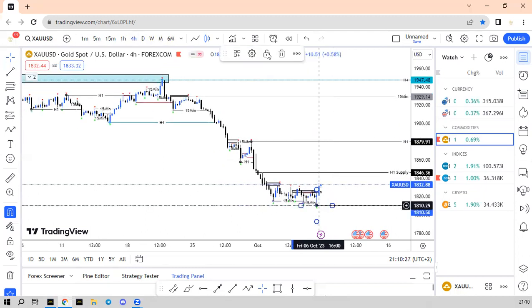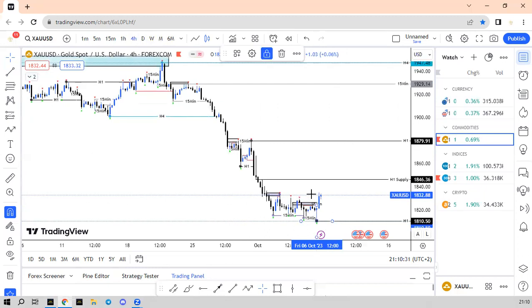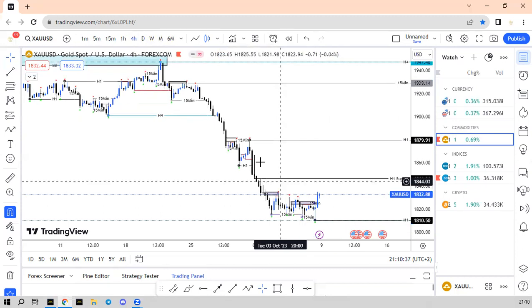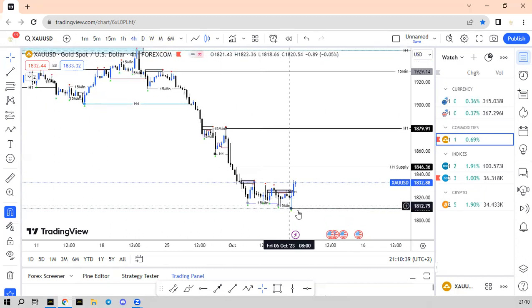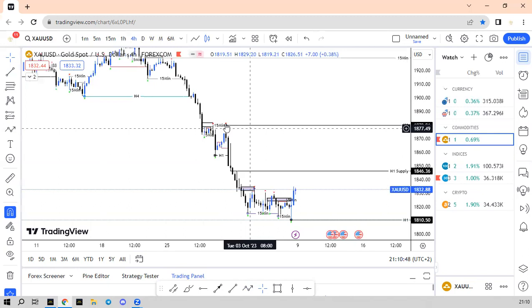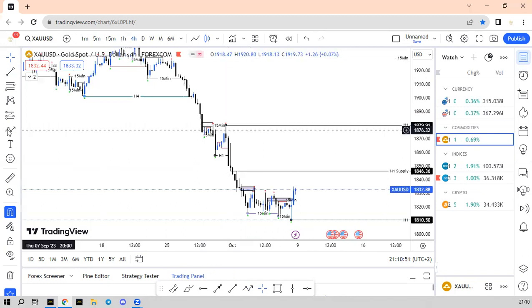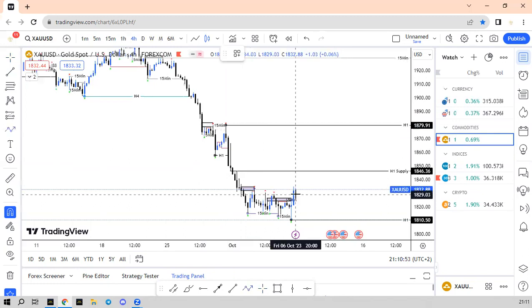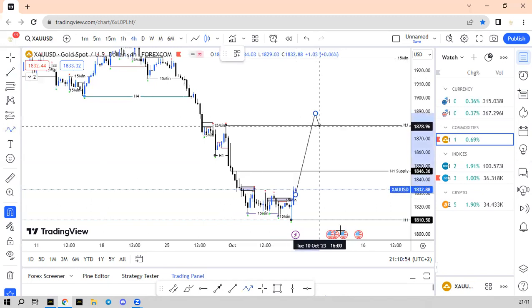It has not created a low yet, because we are waiting for something on smaller time frame to confirm before we say this is an H4 range low. So not yet. So where is the liquidity for H4? Liquidity for H4 is right here. So we'll wait for something like this to happen.